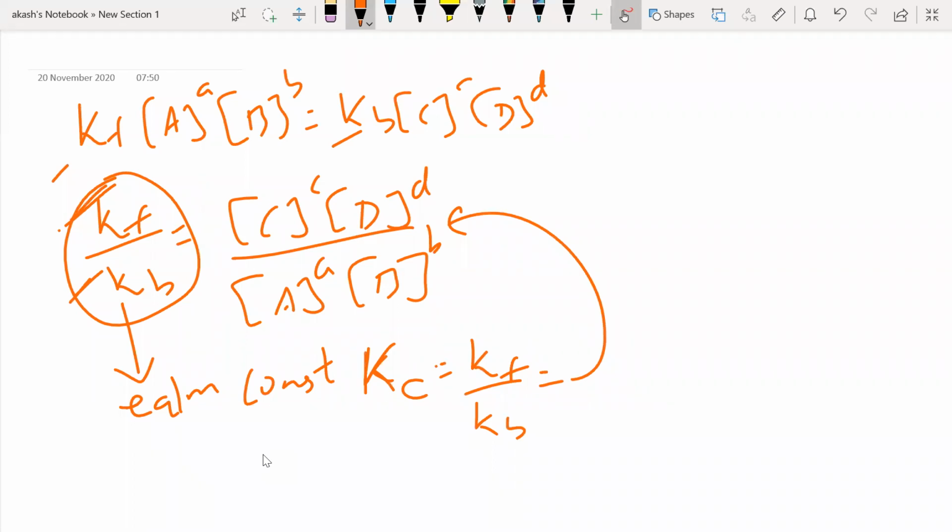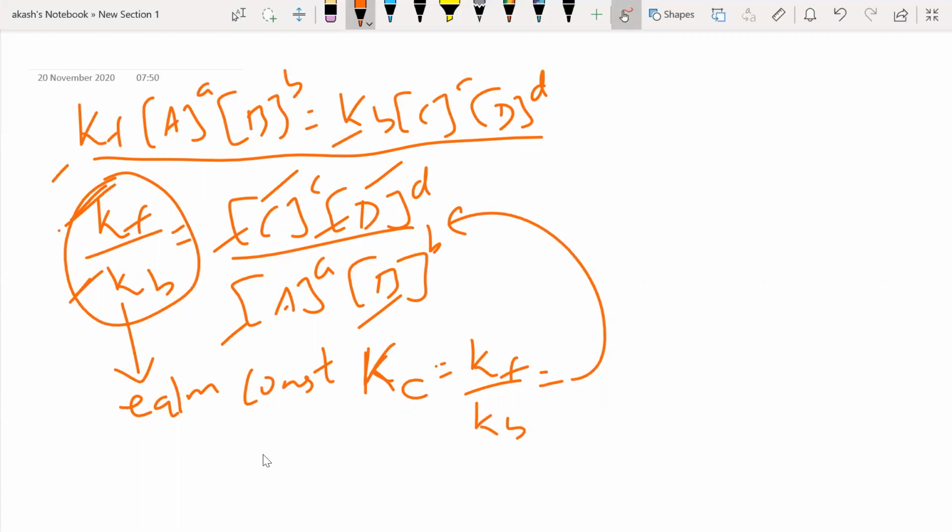And please understand that all these concentrations you're speaking about here are not the initial concentrations, because we can make the statement Rf is equal to Rb only at equilibrium. So they are not initial concentrations. They are the concentrations of all these species at equilibrium, at the end of the reaction, right?